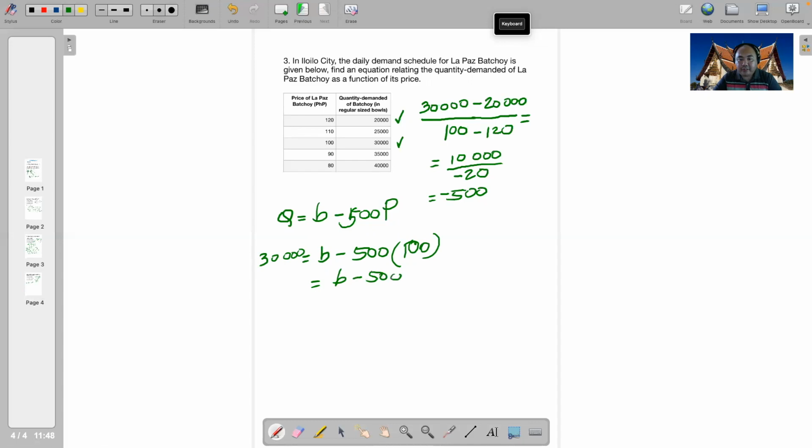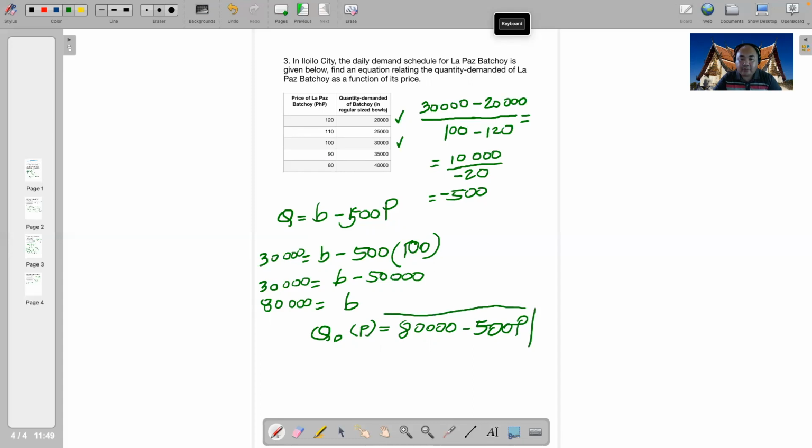Minus 50,000 is 30,000. All right, so this gives you a B, which is 80,000. So to finalize our demand model, QD of P is equal to 80,000 minus 500P. Again, yay, we were able to arrive at a demand model.